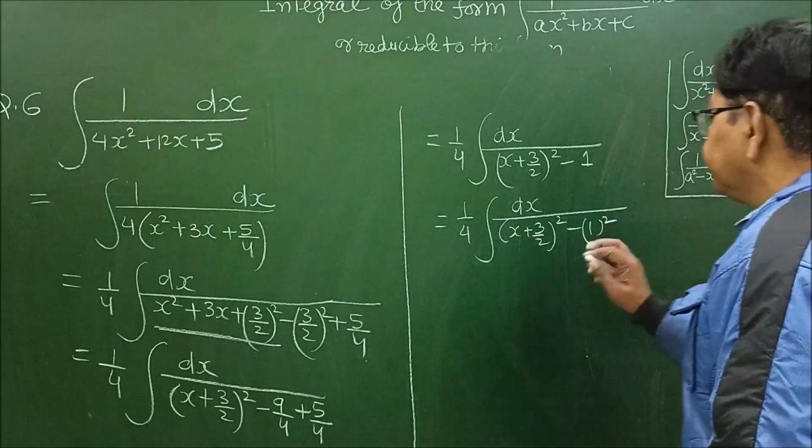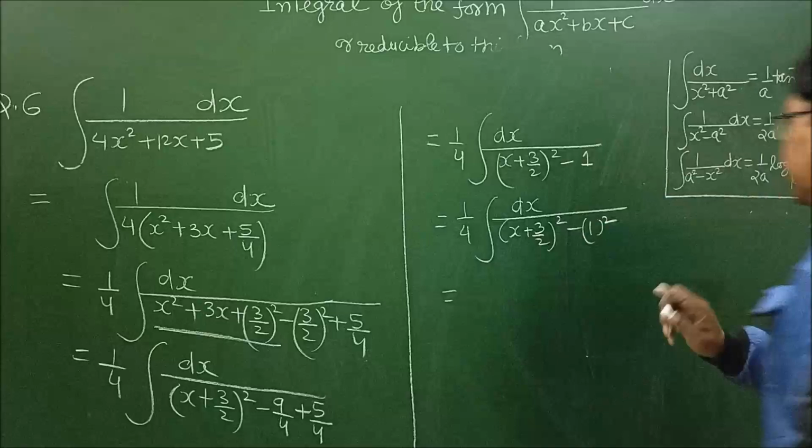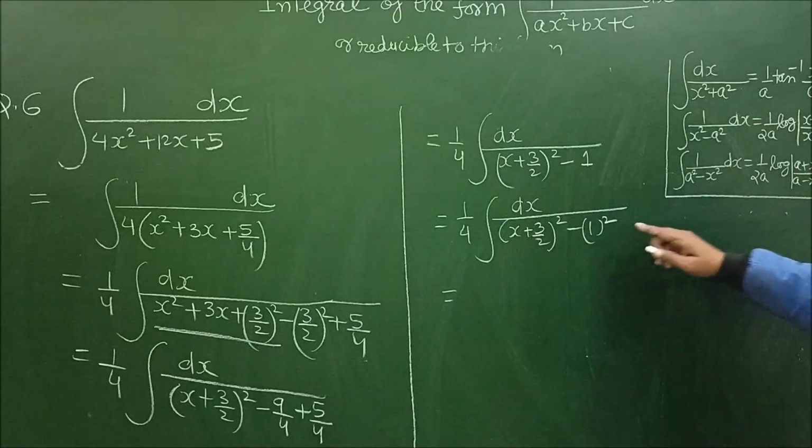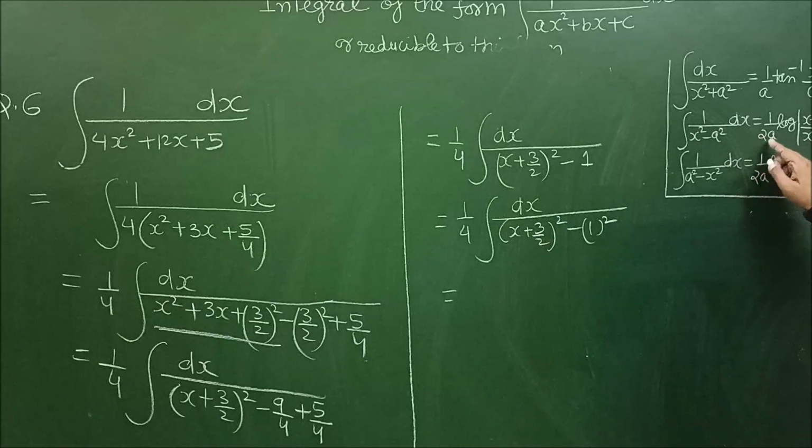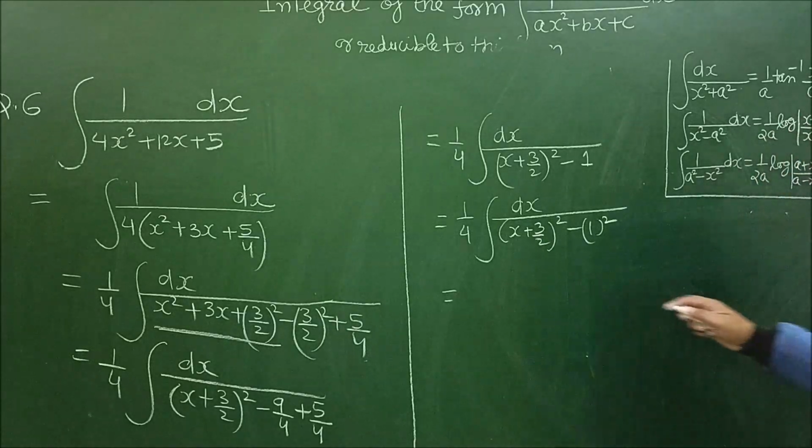Now this integral has been transformed to the form x square minus a square. So this is equal to 1 upon 2a log mod x minus a upon x plus a.